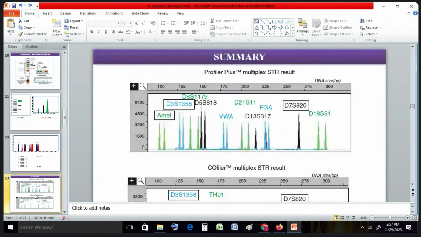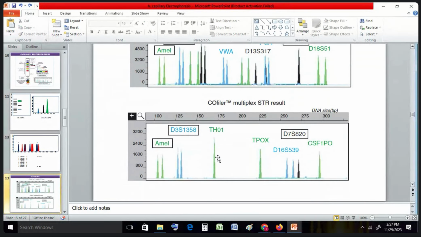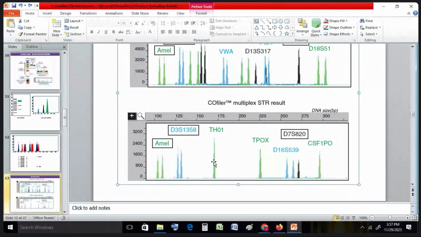So TH1, is it present in highest concentration or lowest concentration? Highest concentration. So the PCR for TH1 produces the highest amount of amplified product.